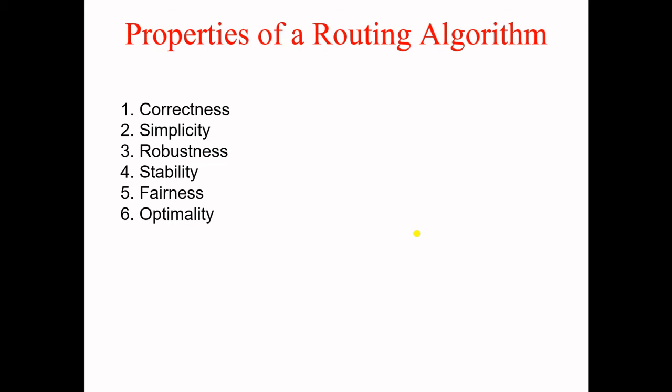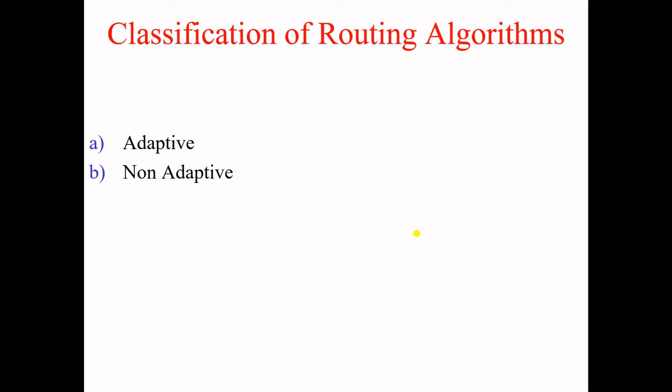Next, coming to the next slide, classification of routing algorithms. Routing algorithms are classified into two categories. The first one is adaptive and the other one is non-adaptive algorithms. What are non-adaptive algorithms?